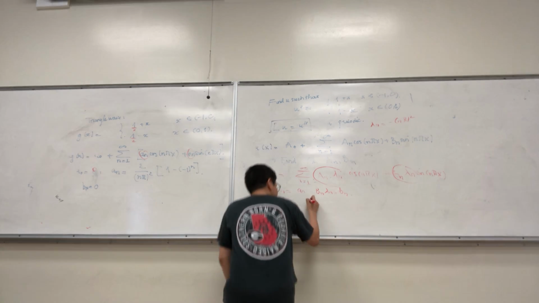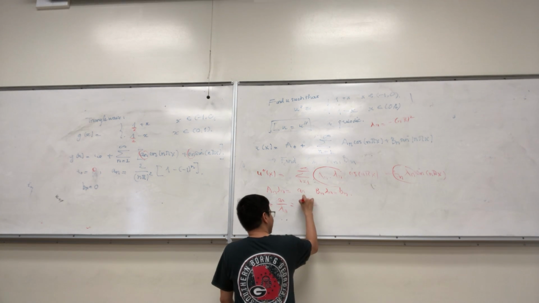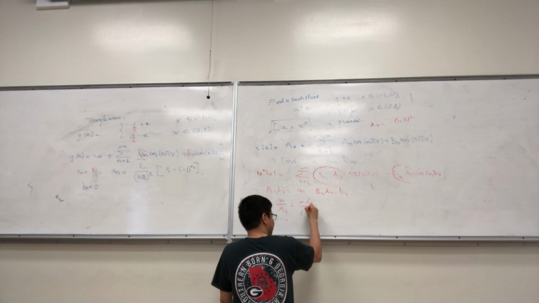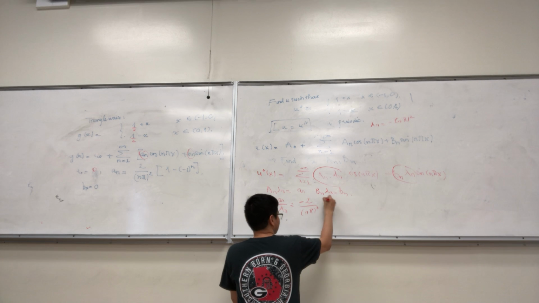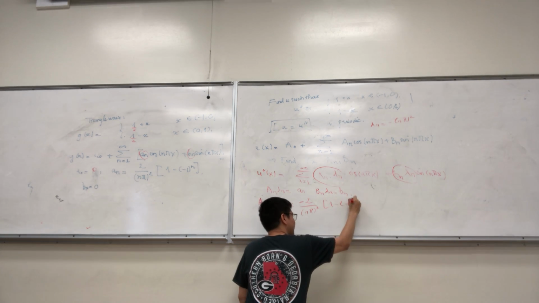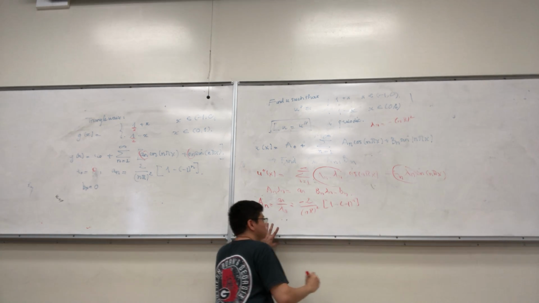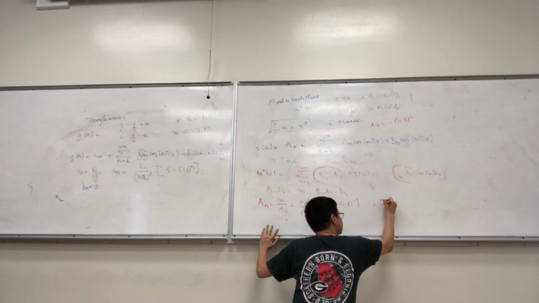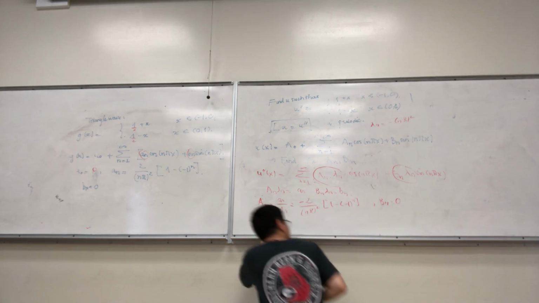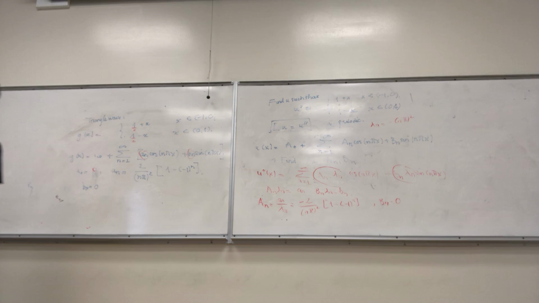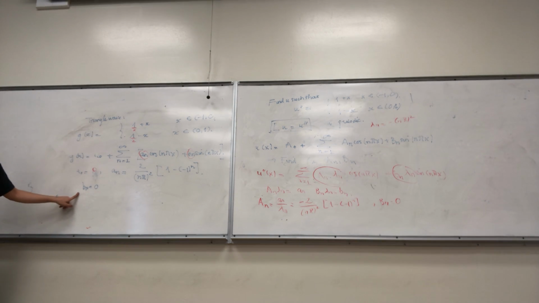So this gives me 2 over pi squared, with a minus, times 1 minus (minus 1) to the n. And the B_n will be 0, because this small b_n is 0.